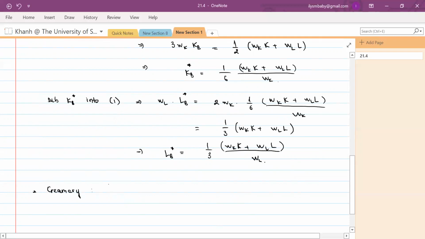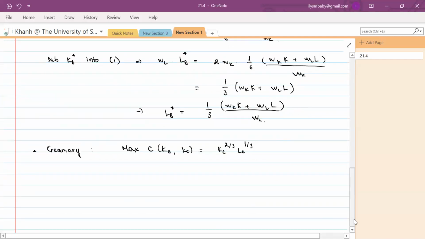Again, the firm would just like to maximize the firm's production function C as a function of Kc and Lc, which is equal to Kc to the power 2/3, Lc to the power 1/3, subject to the constraint that, again, the total expenditure, the total cost has to be equal to the total income.